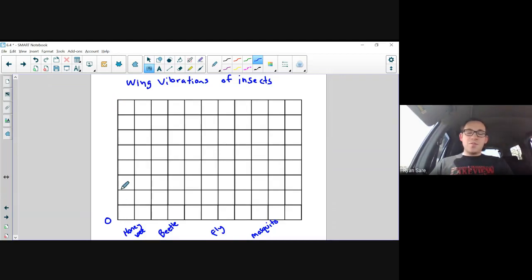So if I did 50, 100, 150, 200, 250, 300, 350, 400, that's not going to work. So let's see if a scale of 100 would work for these bar graphs. 100, 200, 300, 400, 500, 600, 700, 800. That's going to work. I'm going to be able to fit all the information. So I'm going to go ahead and put my scale over here as hundreds, 100, 200, 300.